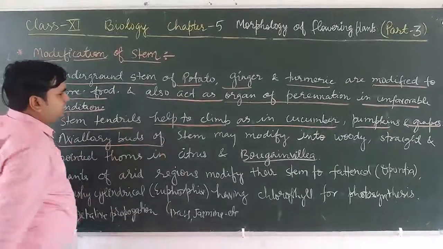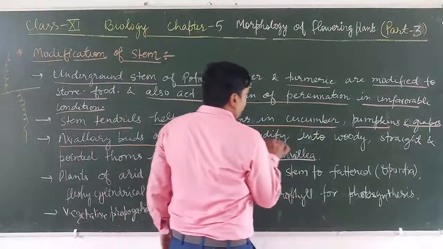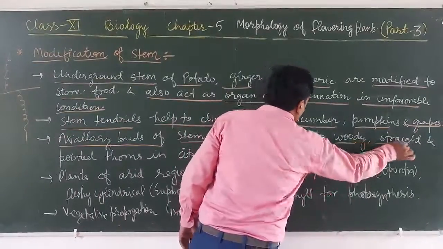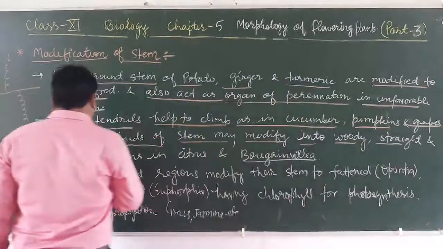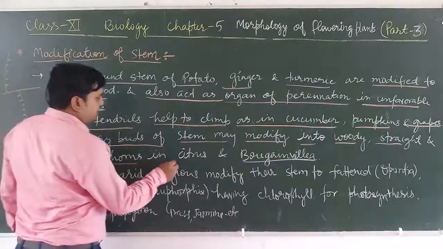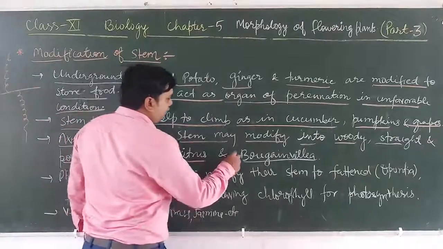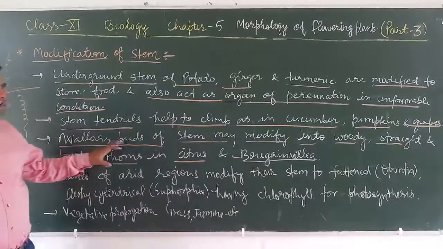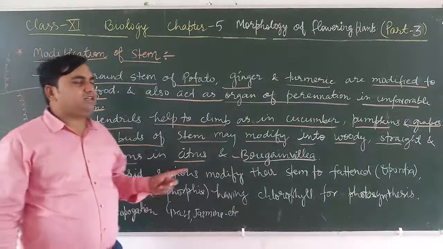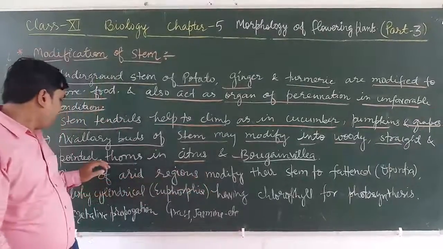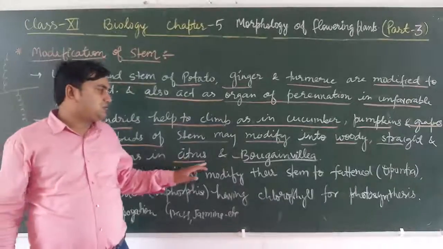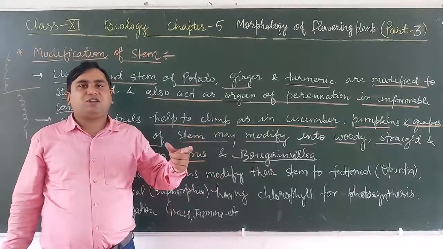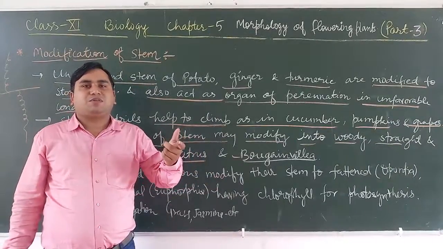Axillary buds of the stem may be modified into woody, straight and pointed thorns in citrus plants and in bougainvillea. These thorns help protect the plants.